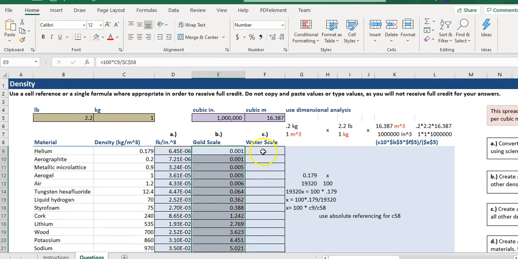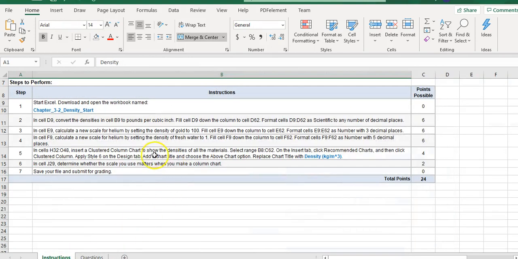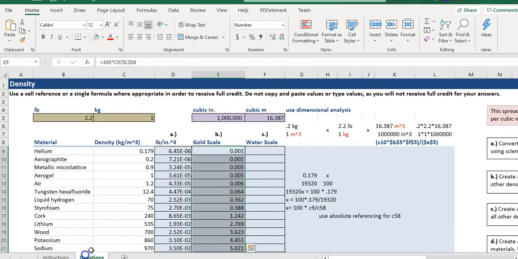Okay? So now the next step says to do the same idea, except we want to set fresh water to 1.